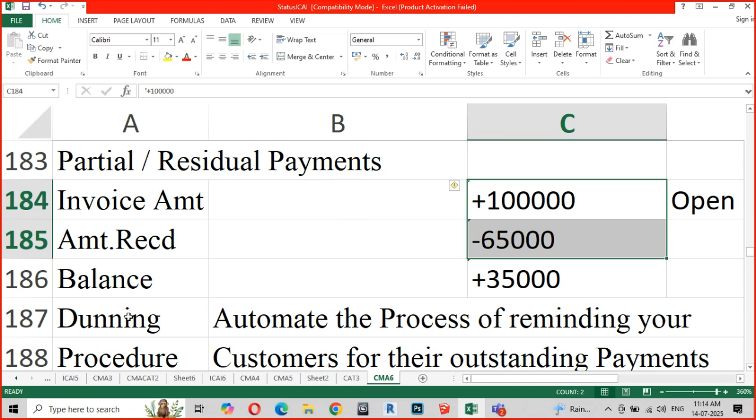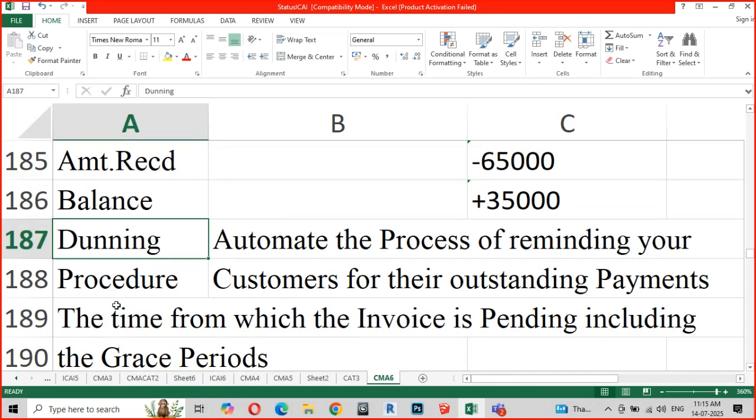Another interesting feature: just like accounts payable had the automatic payment program, accounts receivable has a very interesting concept called dunning.